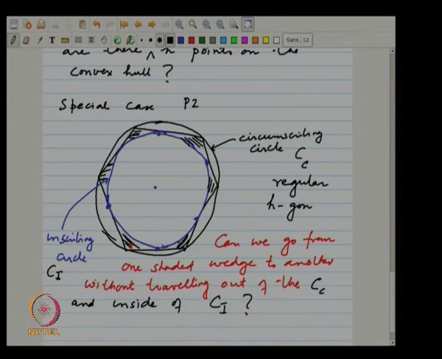So, if I want to travel from this red point here, okay, and I want to go to the adjoining one. Okay. So, my path... sorry, please, I retract this, just a moment.